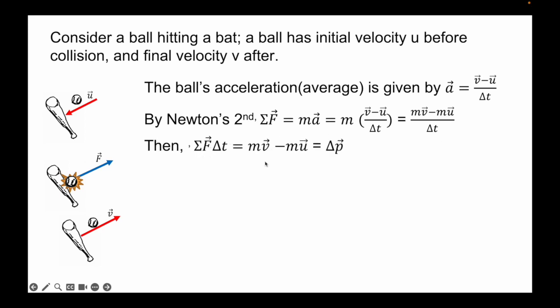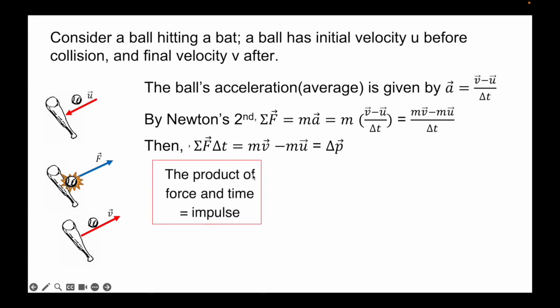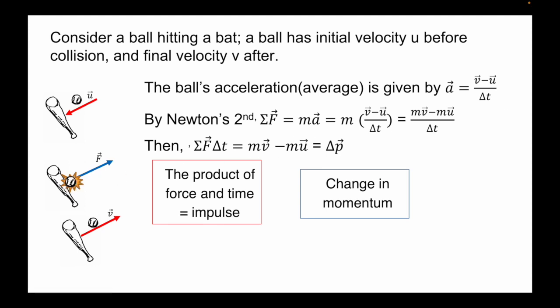Then finally, if we move the t over, we have the sum of the forces times t equal to mass times final velocity minus mass times initial velocity, set equal to impulse. This could also be J. So what we really have here is that the product of force and time is impulse, which is the change in momentum.